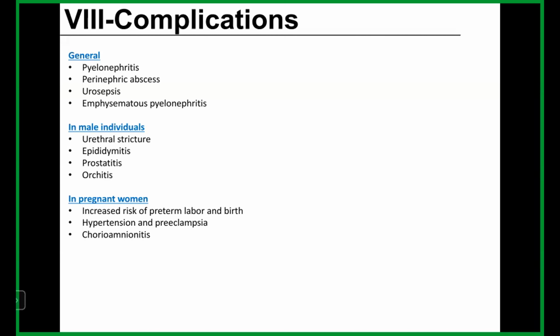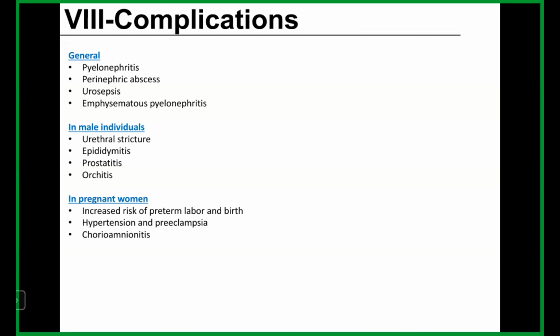Now let's see the complications. If we don't treat a urinary tract infection, what could happen? Of course, pyelonephritis, I think that is clear right now. So there is the ascension of the bacteria from the bladder to the kidney. Peripheric abscess, always in the kidney. Urosepsis or emphysematous pyelonephritis.